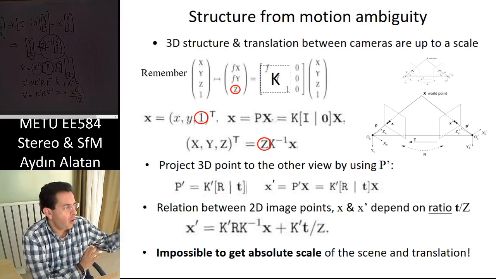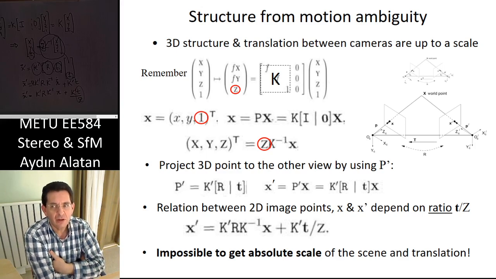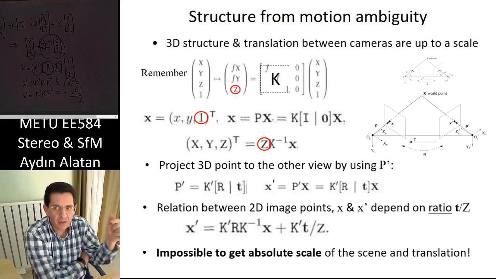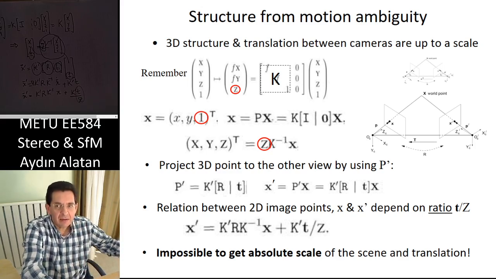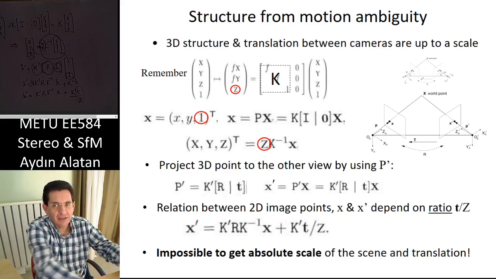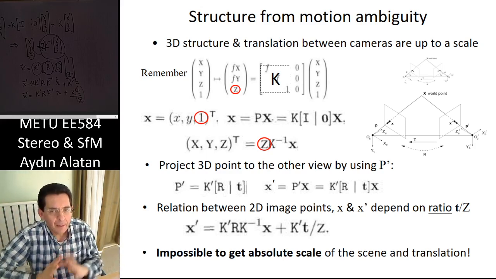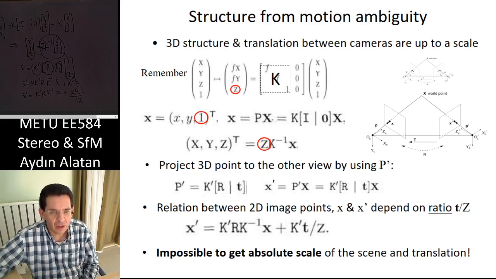You never know how much you translated between the captures of the images. The only thing you can have is a correct translation unit vector, showing the correct direction. The 3D structure is obtained, but with an unknown scale. Maybe it's a toy, maybe it's a huge architectural building, I don't know. But at the end, from 2 views, this is the only thing you can obtain.